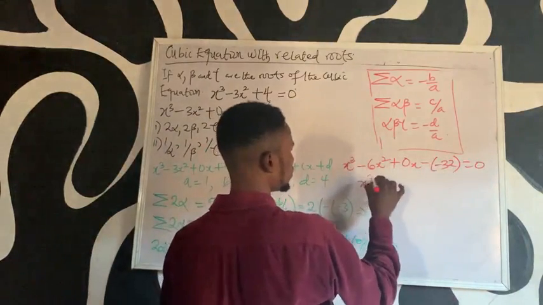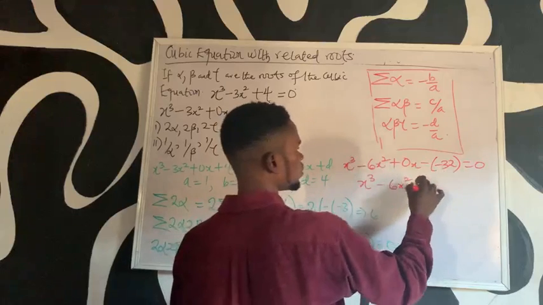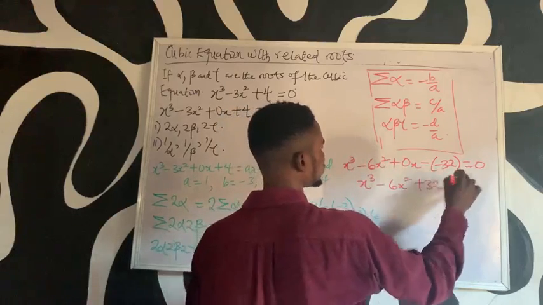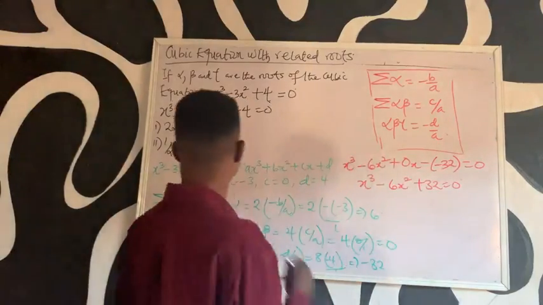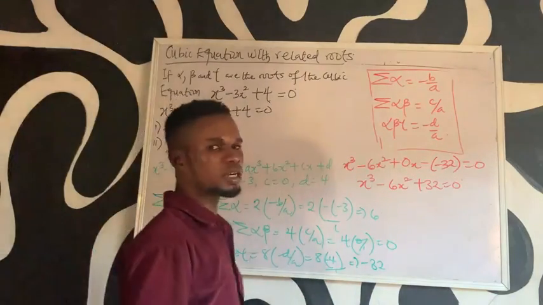That's x cubed minus 6x squared plus 32 equal to 0, which is the cubic equation with given roots 2 alpha, 2 beta, 2 gamma.